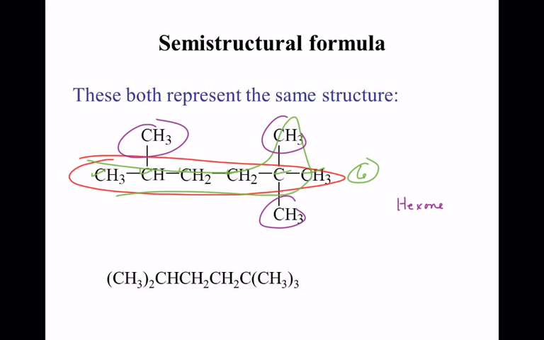So in this case, to get the lowest branching possible, we can call this carbon 1. You have to number your carbons. We'll call that carbon 1, carbon 2, 3, 4, 5, okay, and 6. And I did it that way, starting from that end, because then I can actually have lower numbers here.